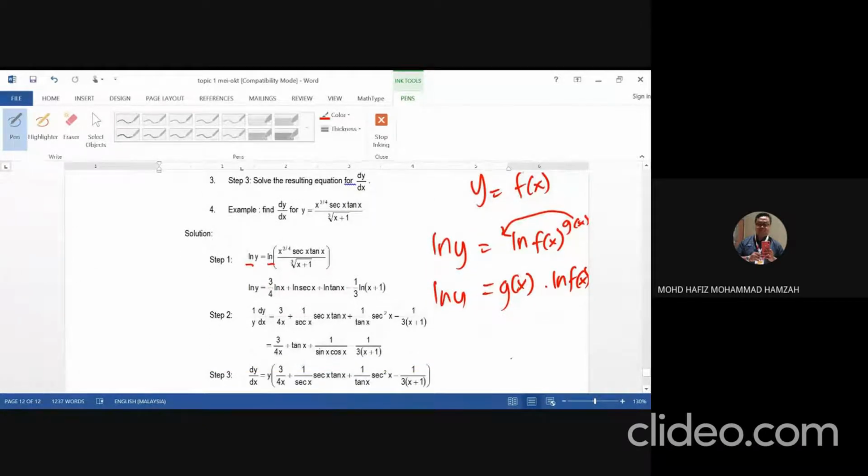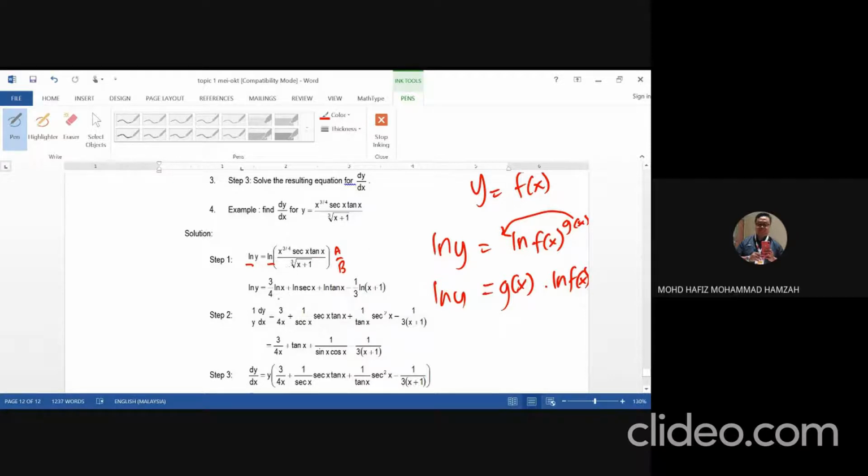Okay, when you put ln both side, dekat sini akan jadi ln A per B kan. So bila ln A, so this will be A per B. Kita boleh tulis dia sebagai ln A minus ln B.